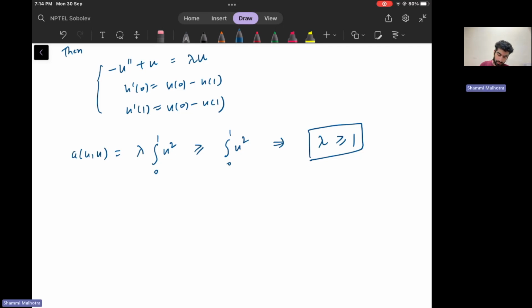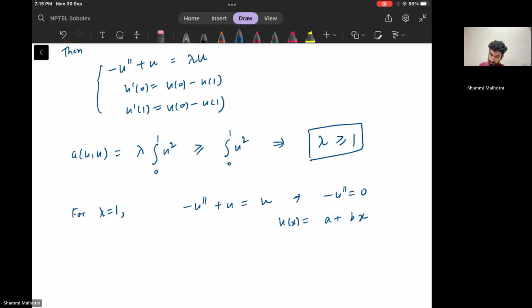So for lambda equal to 1, our equation is nothing but minus u double dash plus u equal to u, and that is nothing but minus u double dash equal to 0. So u(x) will have some form of a plus bx. But we can see that we need u dash 0.